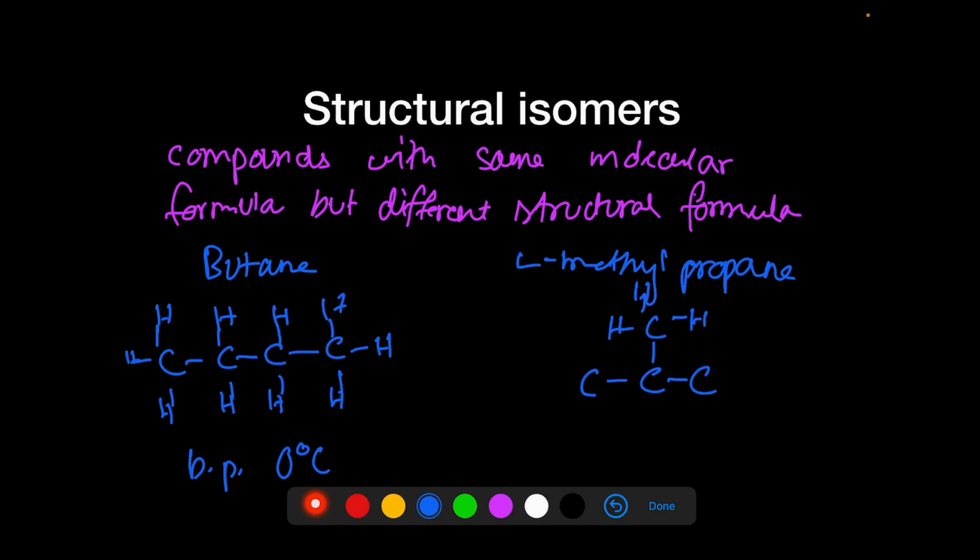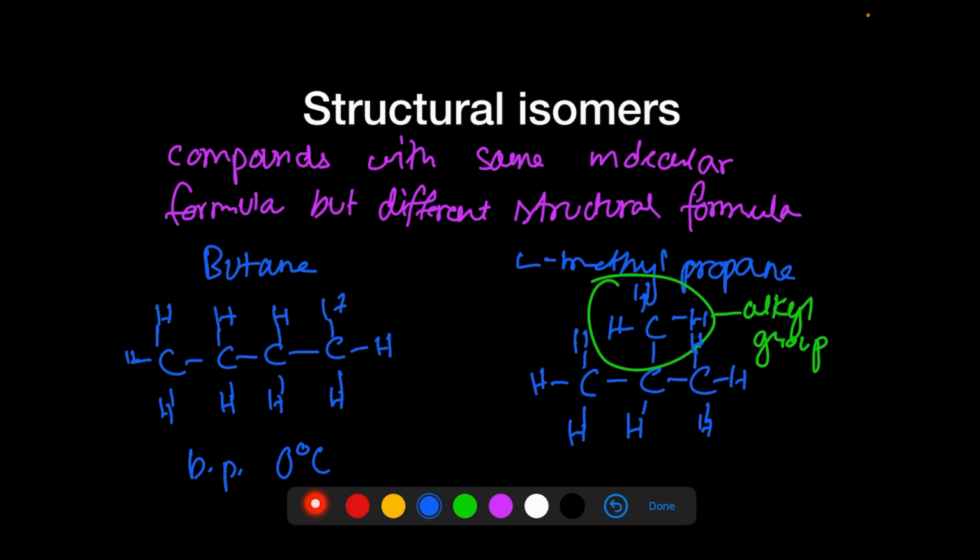This group over here is the alkyl group. And its boiling point will be minus 10 degrees Celsius. Because of different structural formula, they have different boiling points. 2-methyl propane is a bit more volatile than butane.